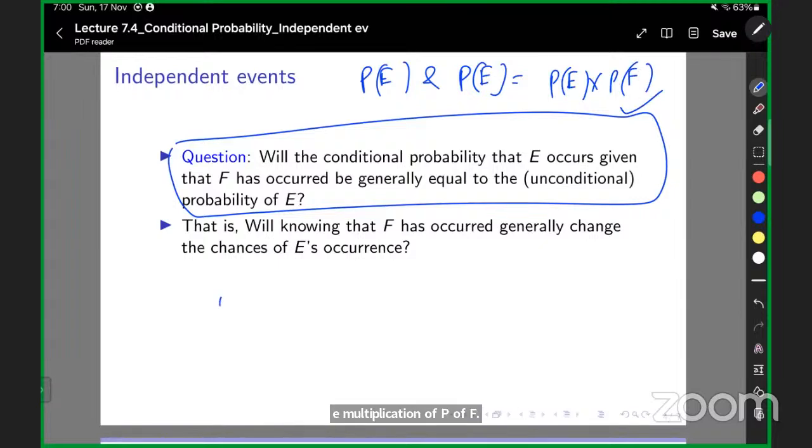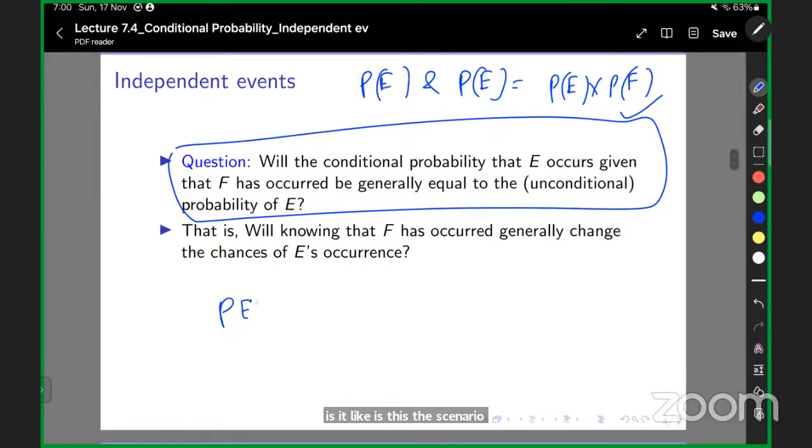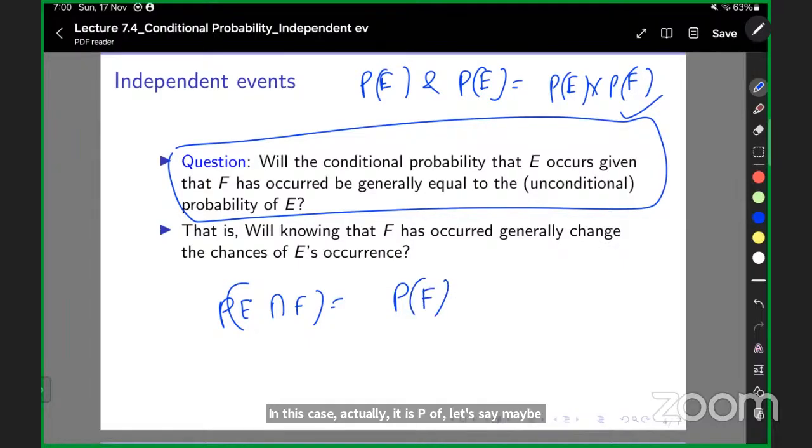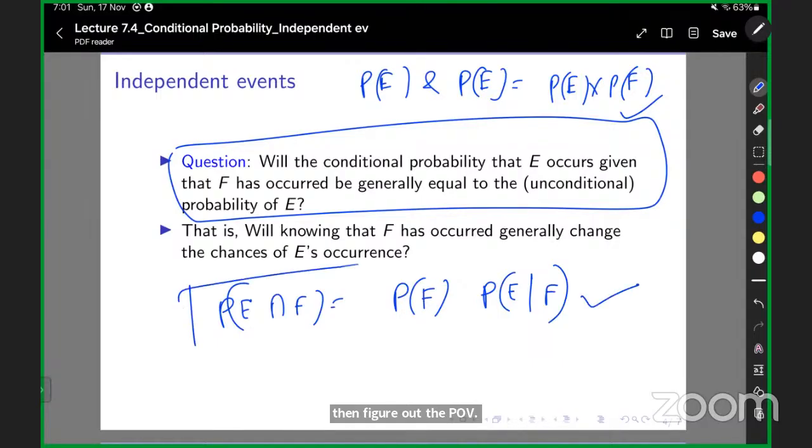And we saw just now, right? No, that is not the case. For E intersection F, in this case, actually it is P of F, and given that F has already happened, then figure out P of E. That's what this multiplication rule told us.